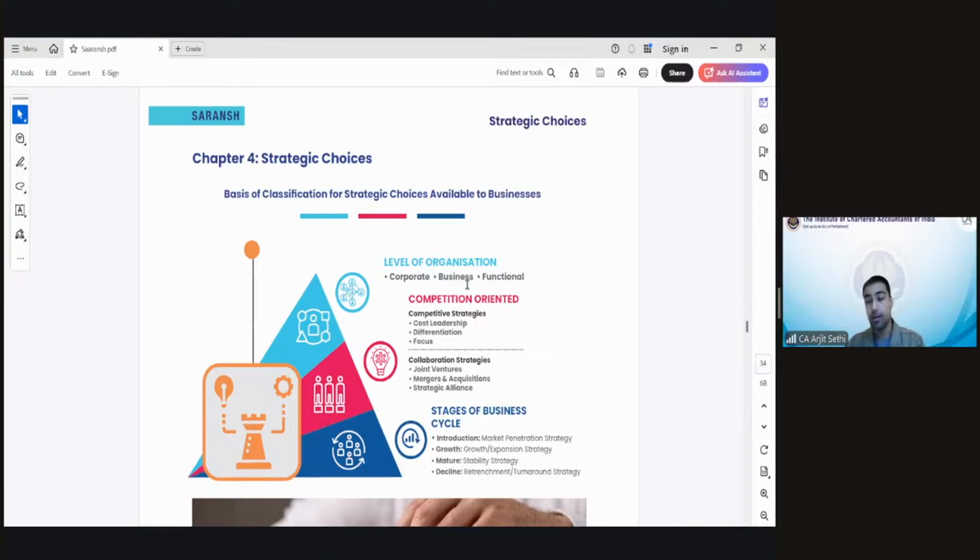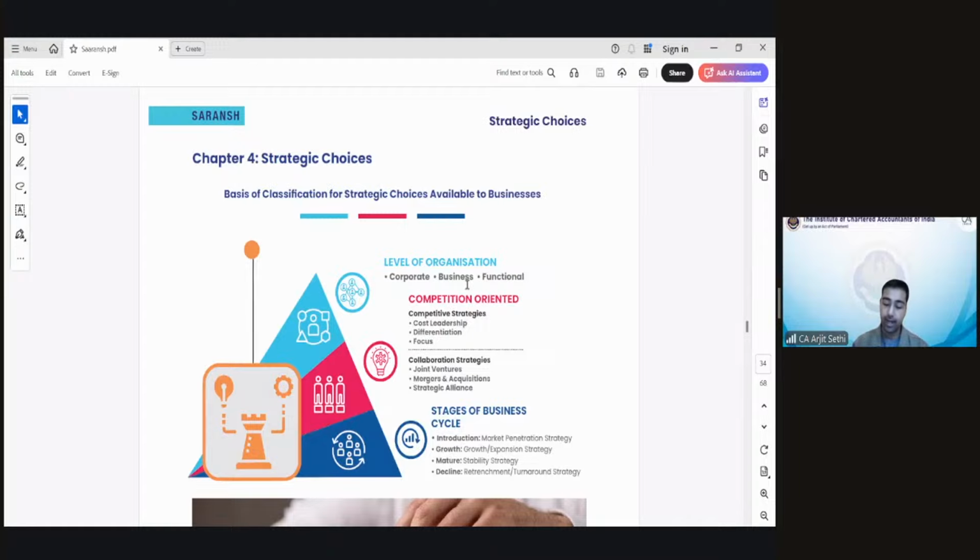Now, all these decisions of what strategy we have to take can be based on the 3 things I told you, or it can also be decided based on competition. Michael Porter's generic strategies are also a strategic decision.